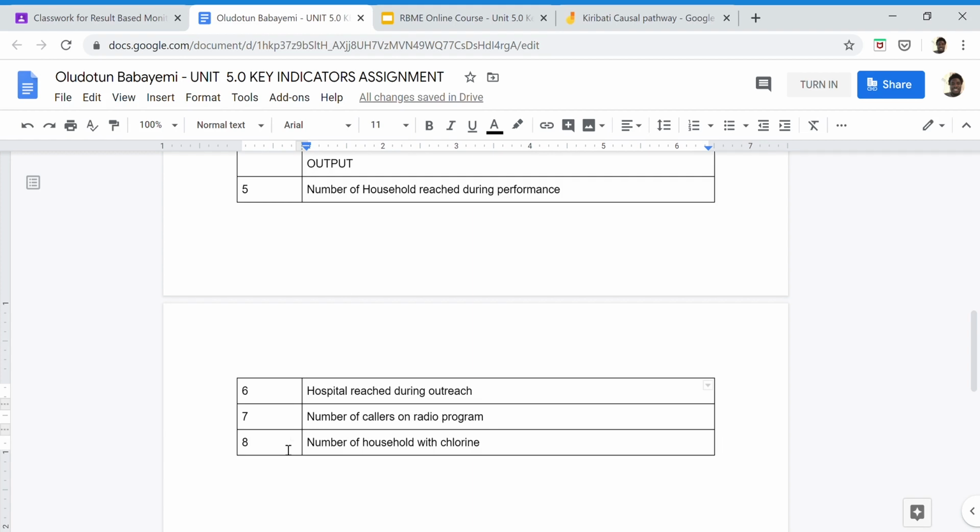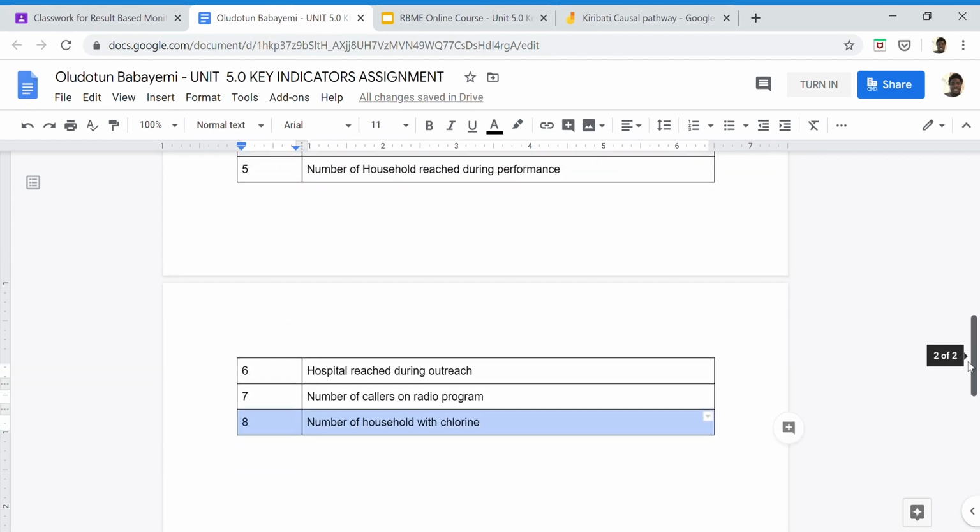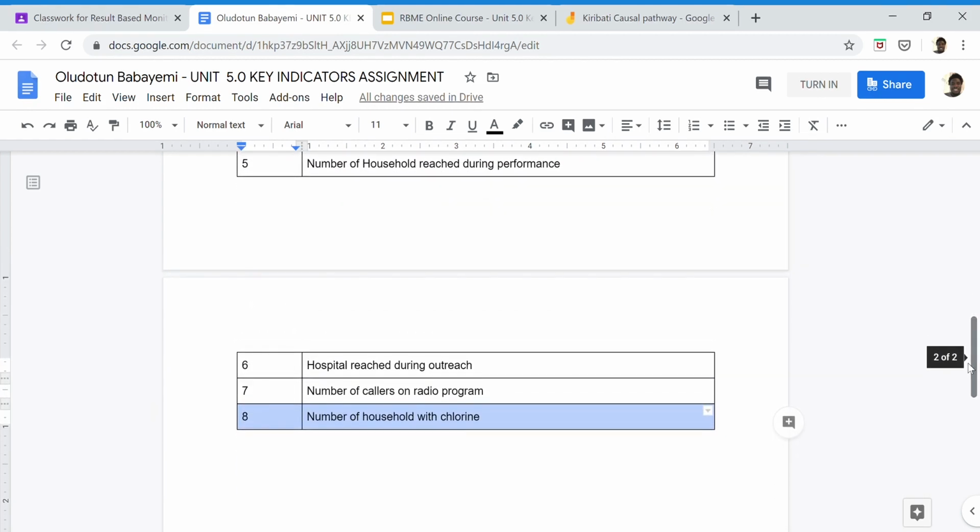You can go on and on, but let's say I can also add the change in behavior.